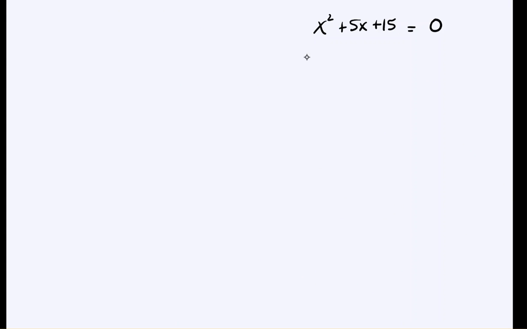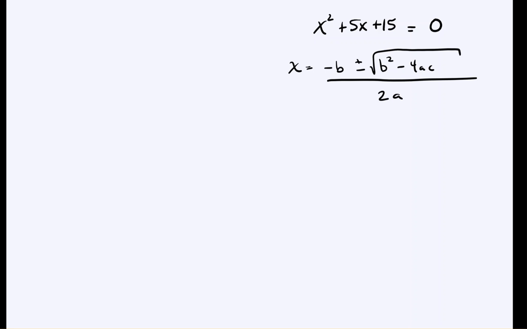Now the quadratic formula says the solution to the parabola is equal to negative b plus or minus the square root of b squared minus 4ac, all over 2a. We apply the labeling where the constant multiple in front of the x squared is the a, the constant multiple in front of the x is the b, and the constant term is the c.